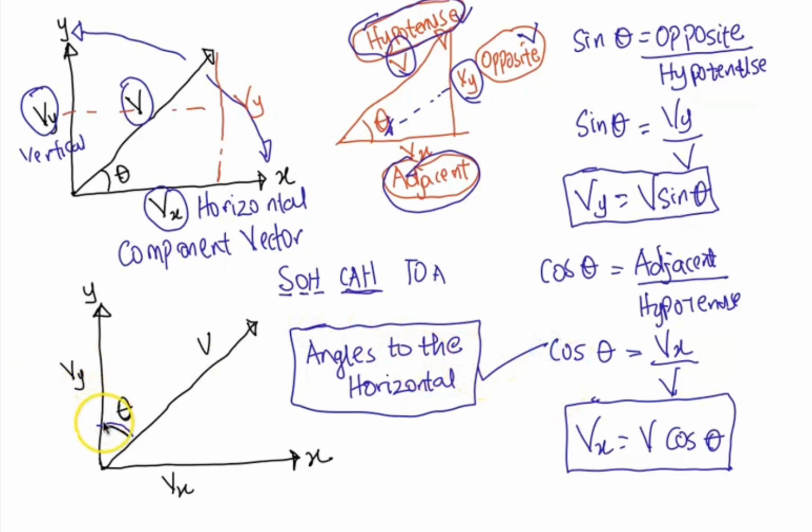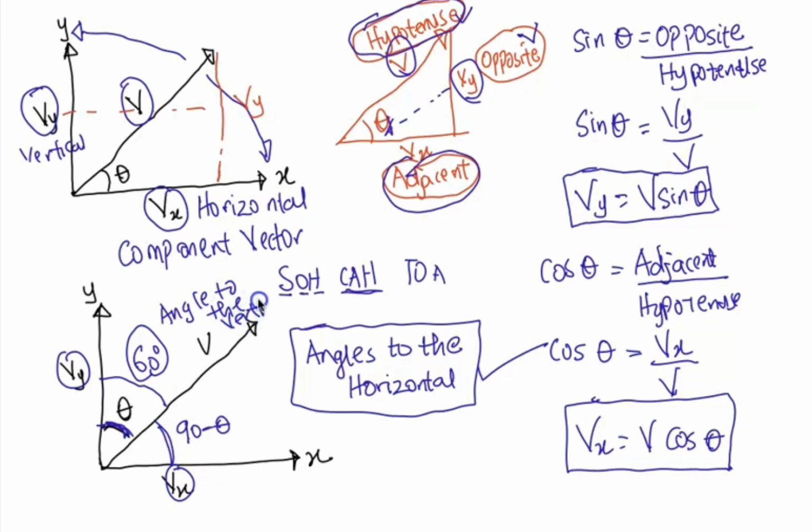So in a case when you are given something like this, before you can find Vy and Vx, always find this part. And how will you find this part? Simply say 90 minus the angle given to the vertical. So if, for example, we are given here to be 60 degrees, I can't use this 60 to solve because it is an angle to the vertical. So this is not accepted in calculation. So what you are simply going to do is find this angle to the horizontal.